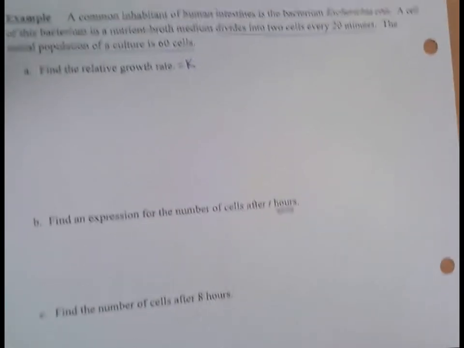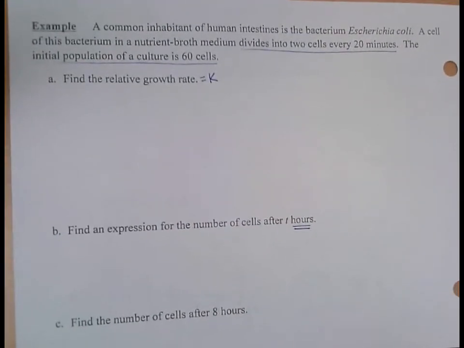So if we go to part A, it's assumed in this section you are dealing with the type of differential equation where the derivative is proportional to the population size.